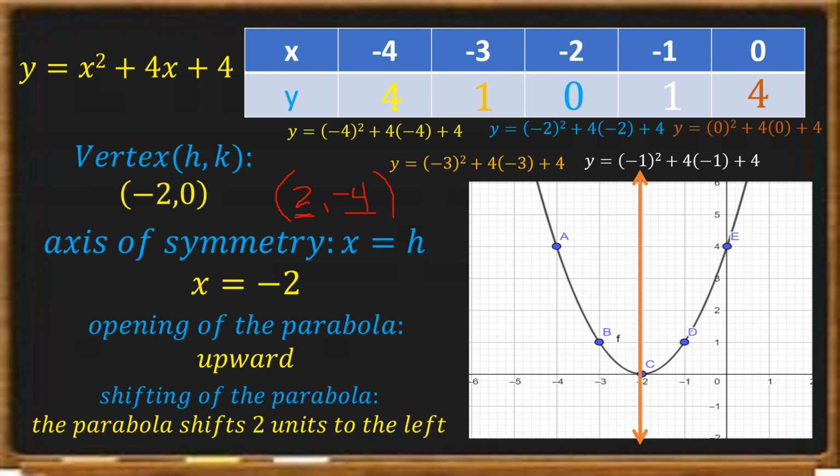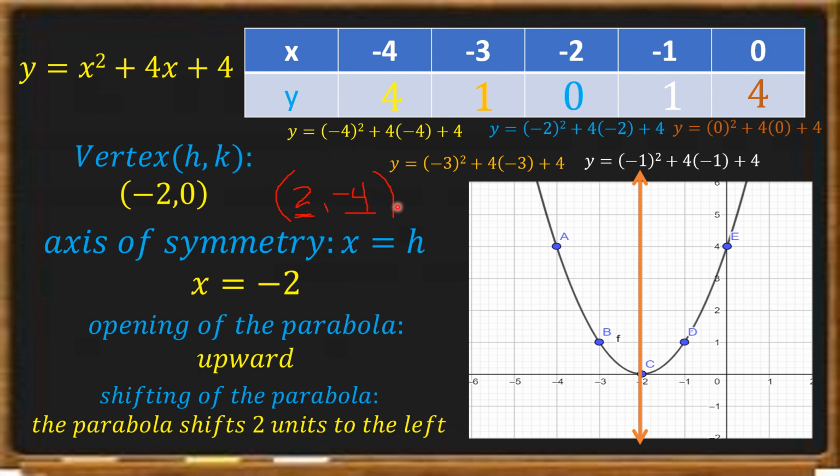Pag sa K naman, pag positive yung K, upward. Pag negative yung K, downward. So, dito, 2 units to the right and 4 units downward. Okay, may end yung shifting nyo. So, the parabola shifts 2 units to the right. Magiging to the right na kasi ginawa kong positive.